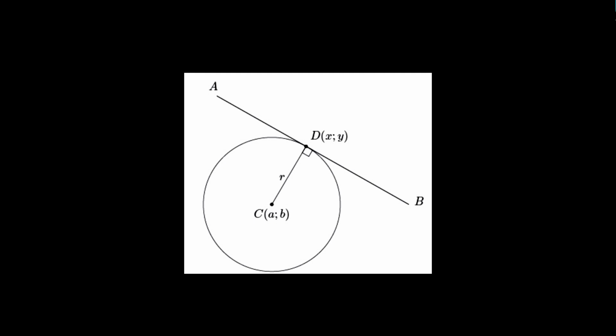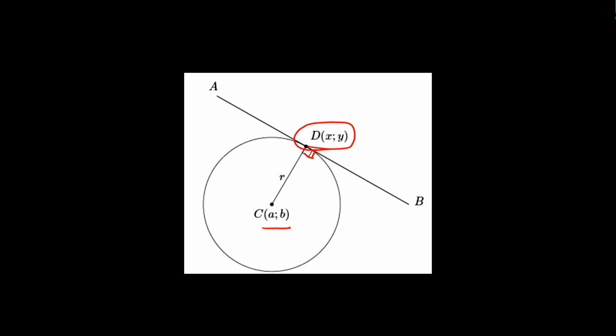So if you have a look at this diagram that we've got drawn, that's a lot neater than the one I've just put up before this. If you've got a tangent AB touching the circle at point D, which is with coordinates x, y, and you know that the center of the circle has coordinates C with radius r, then CD will be perpendicular.